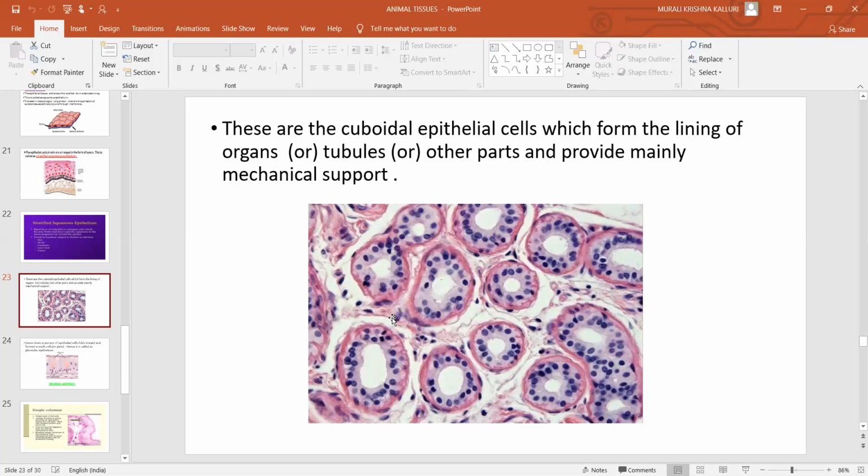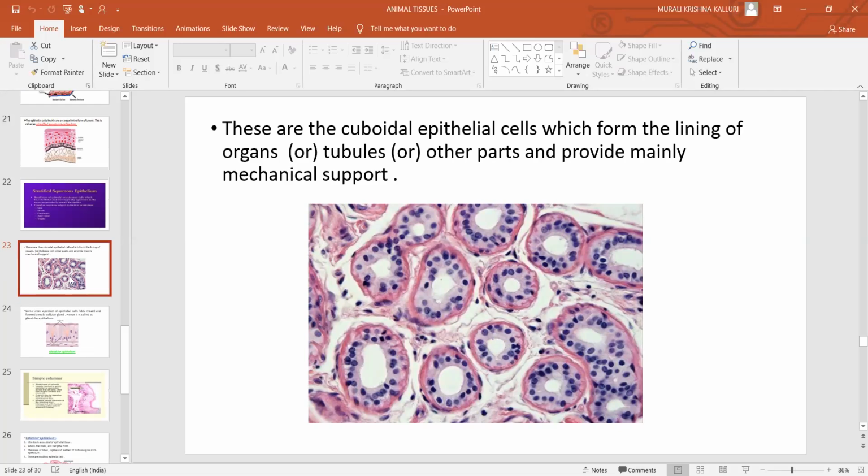It forms the lining of organs, that means lungs, pancreas, liver. These organs have a lining layer. That is the cuboidal epithelial tissue.